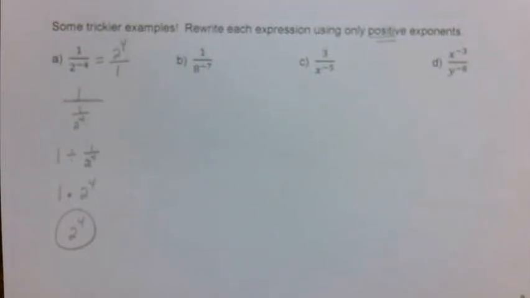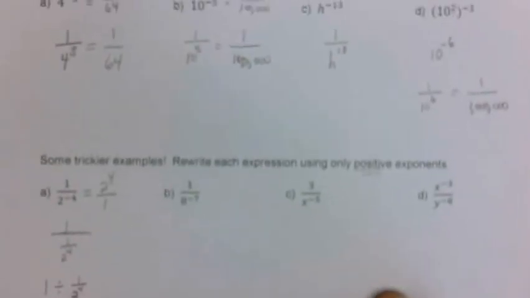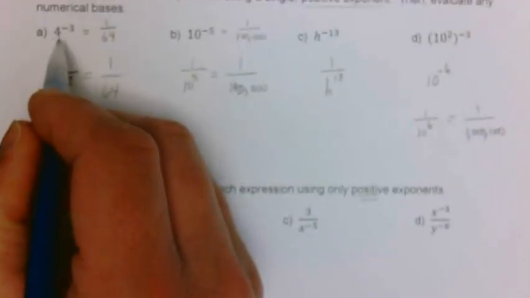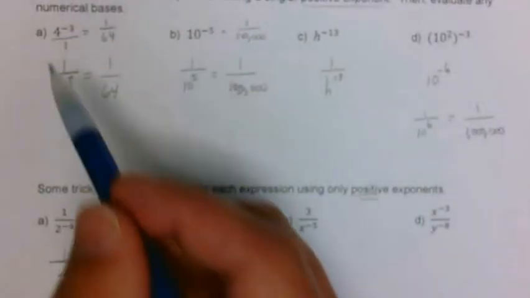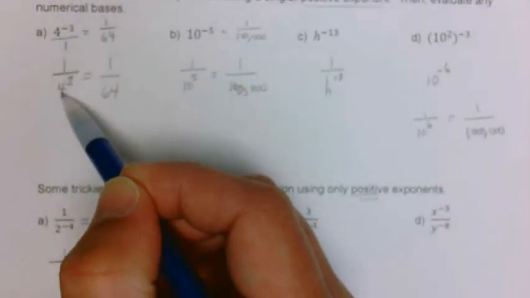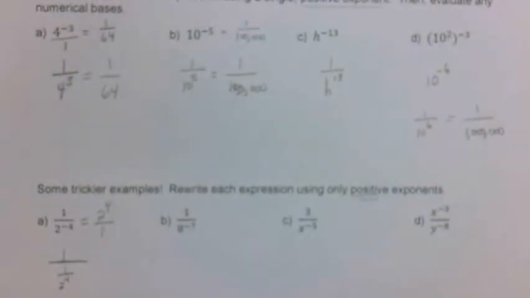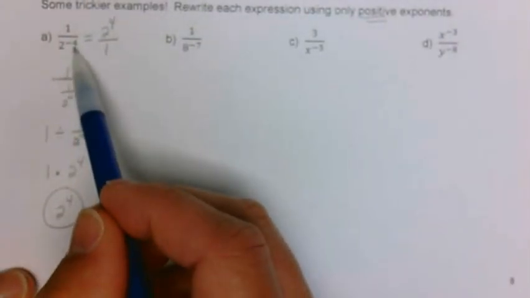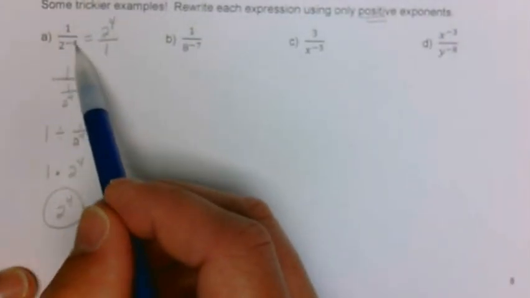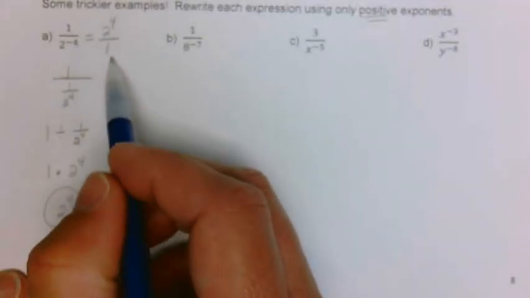So when you're taking the reciprocal, if you'll notice, back in these examples, 4 to the negative third is the same as 4 to the negative third over 1. That became 1 over 4 to the third. My negative exponent went into the denominator. Well, down here, my negative exponent was in the denominator. 1 over 2 to the negative fourth became 2 to the fourth, which is the same as 2 to the fourth over 1.